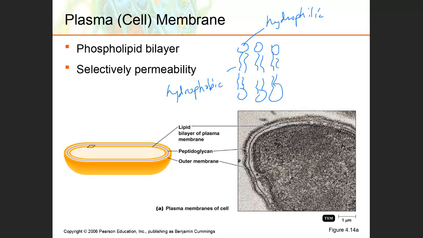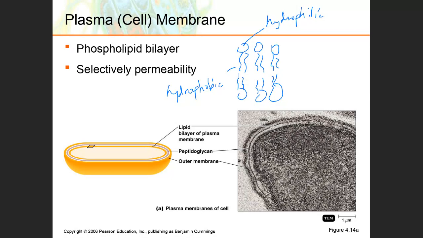And that is so the hydrophilic heads can face the aqueous environment, the watery environment, and the hydrophobic tails can face each other. And that is the most thermodynamically favorable configuration of phospholipids in water, is they form a bilayer.